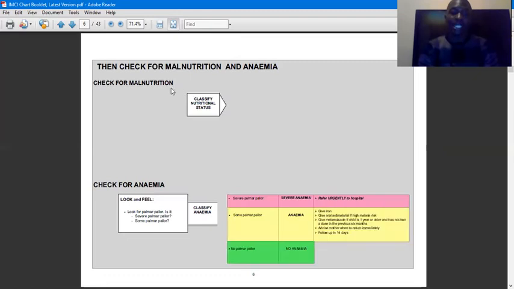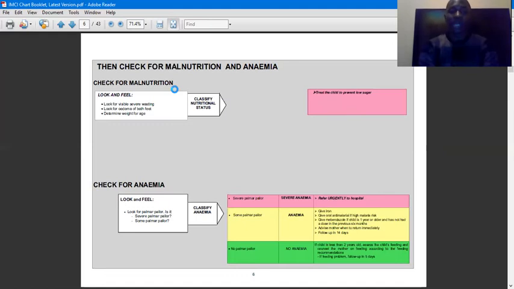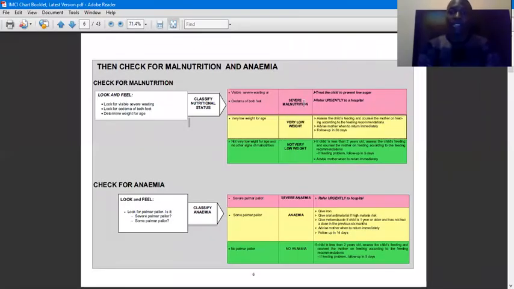A child who presents with malnutrition may lead you to classifications such as severe malnutrition, very low weight, or not very low weight. In terms of anemia, a child who presents with anemia may lead you to severe anemia or no anemia at all. So these are the 6 major symptoms that have been stated in IMCI.